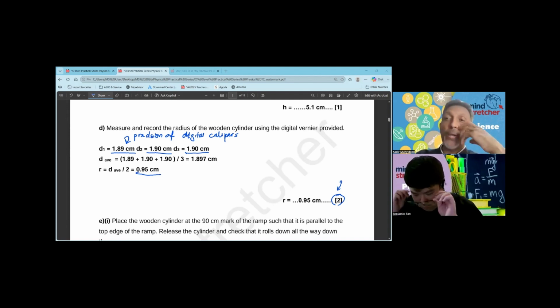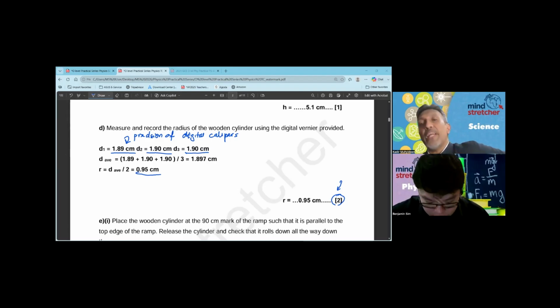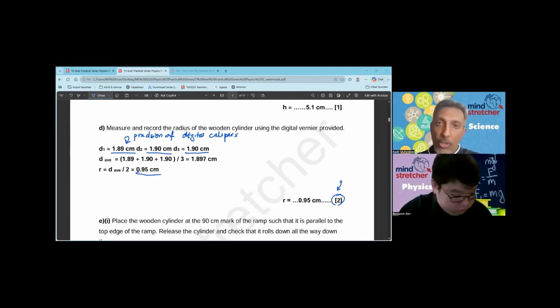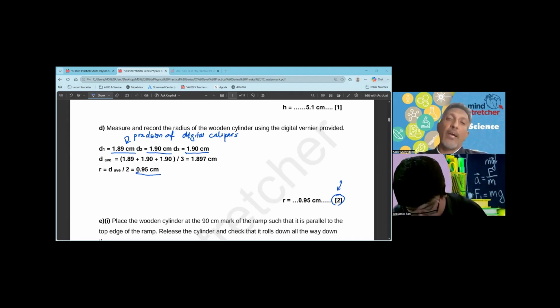If you go and look at your own practical, when they gave you 2 marks, the reason why you only got 1 mark is because you did not take the two or three readings.